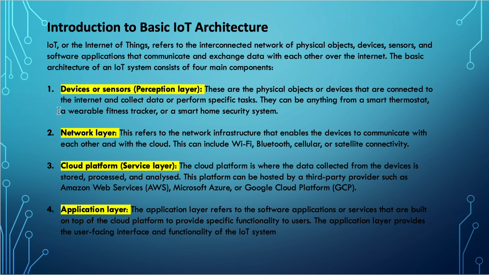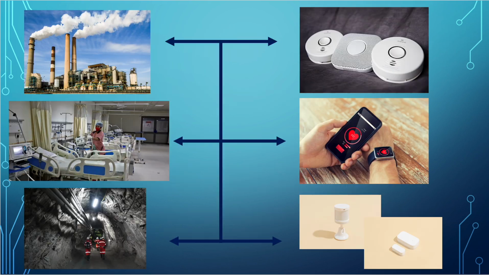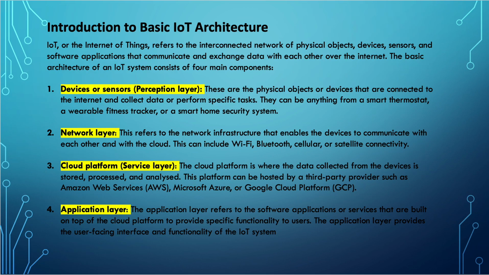They can be anything from a smart thermostat, we gave examples above, a wearable fitness tracker, again we talked about them, or a smart home security system. We went through these examples before when we started giving examples about IoT devices, right? We gave those in the first lecture itself when talking about devices.